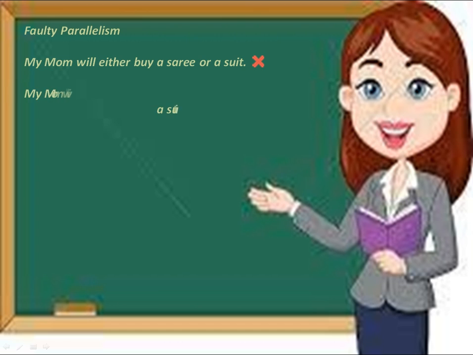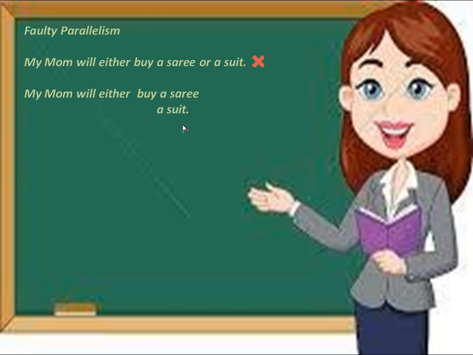By putting them in the parallel stack, the parallelism stack shows that elements made parallel by conjunctions are not really the same thing. See, mom will either buy a sari or a suit. So the problem is that the first element, buy a sari, is a verb phrase, and the second element, a suit, is a noun phrase.